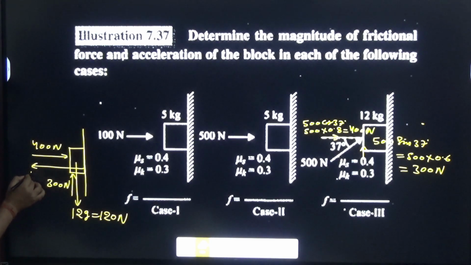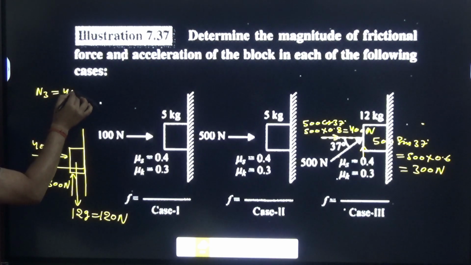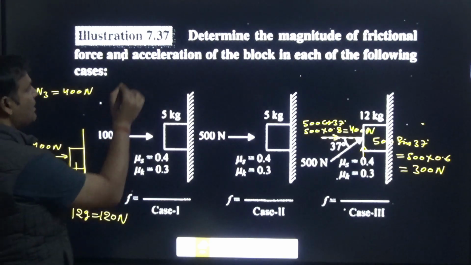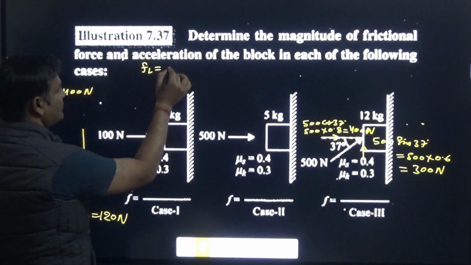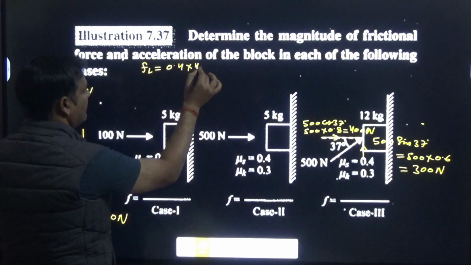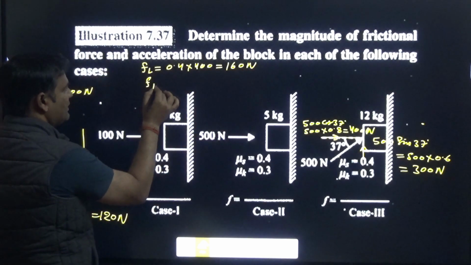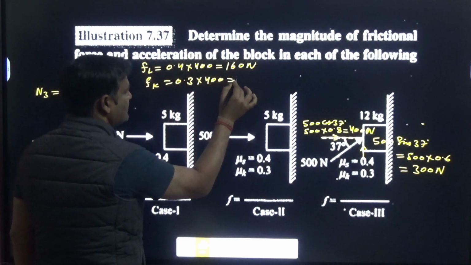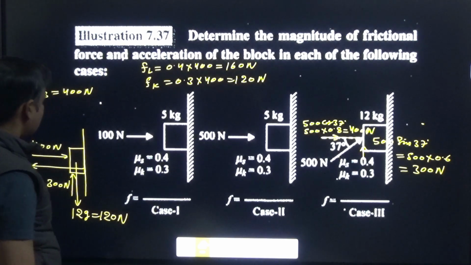Normal force N3 is 400 Newton. So what about FL? FL is 0.4 into 400. And Fk is 0.3 into 400, that is 120 Newton. Clear or not?